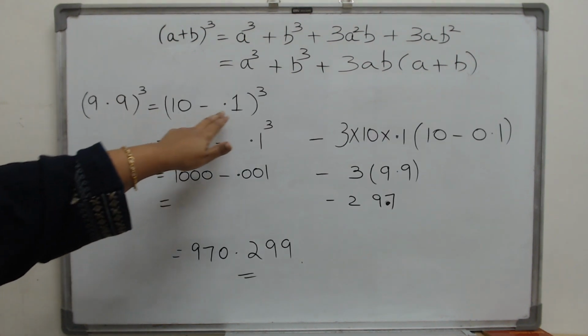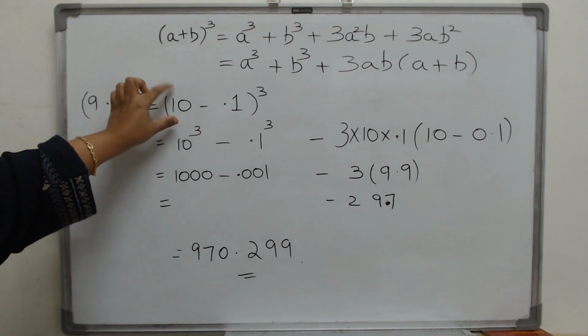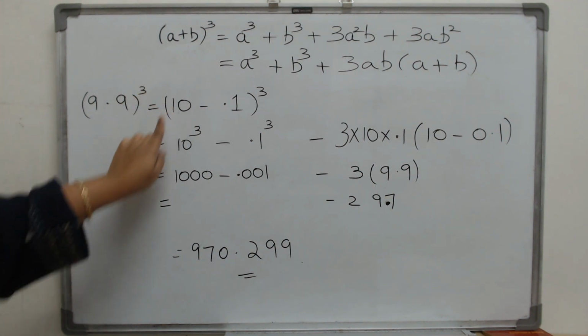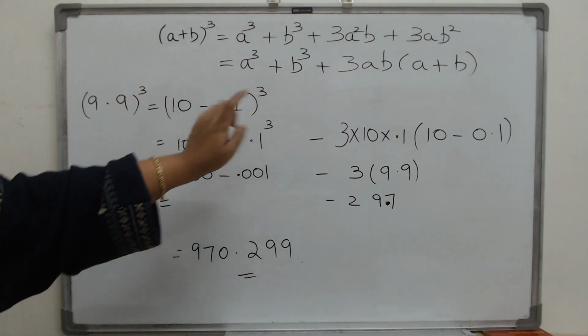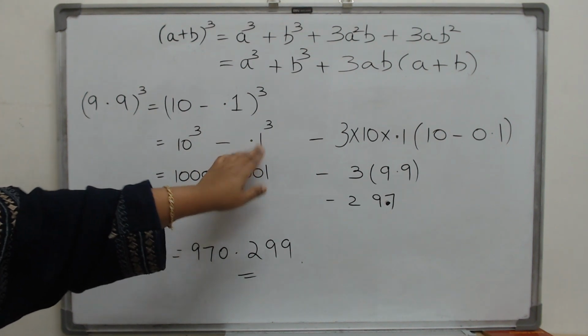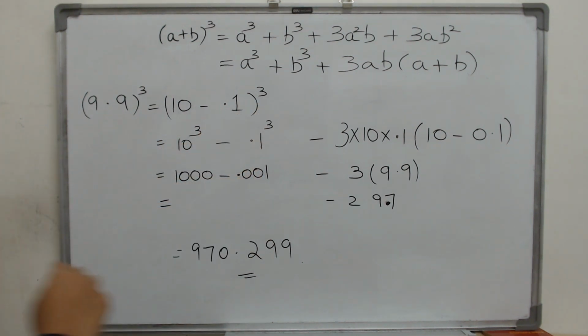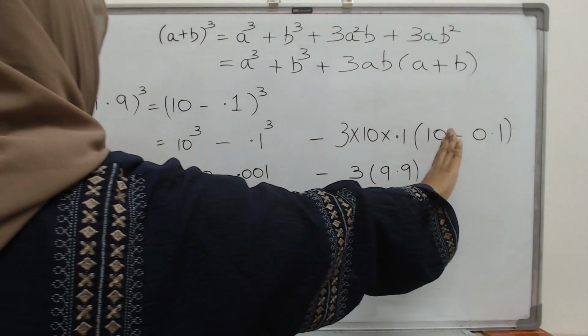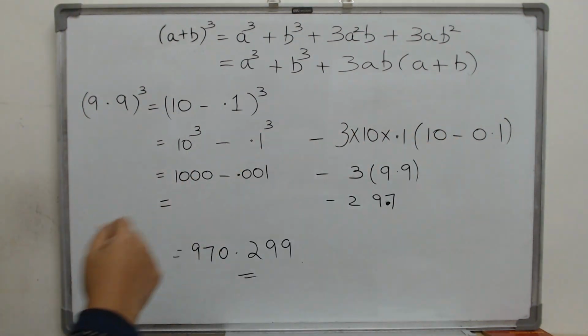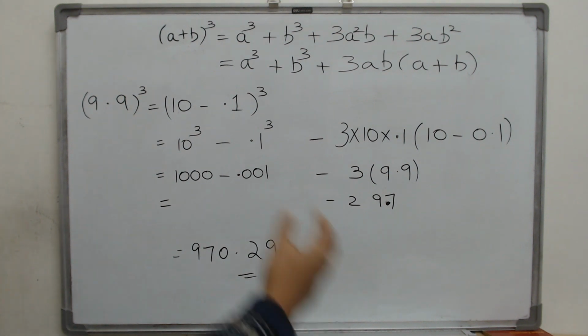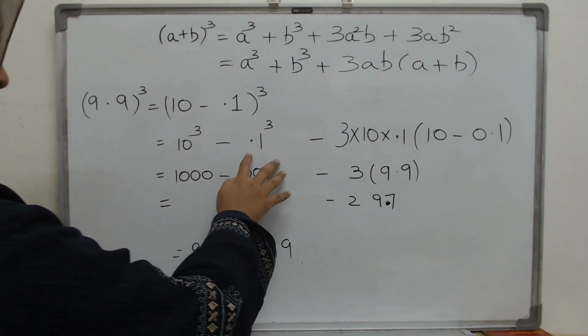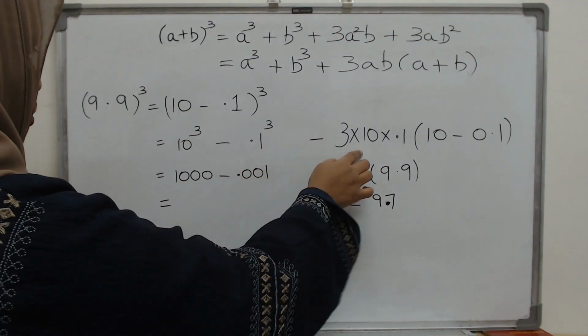We will use it and find the answer. 9.9 is just 10 minus 0.1. How do you cube it? First cube 1, which is just 1, 3 zeros. Here 1 decimal point, multiplying it 3 times would mean 3 decimal points. Now you see how far away I have written the third term, because I often see students getting confused about what comes where. They will multiply this 0.1 cube into 3.